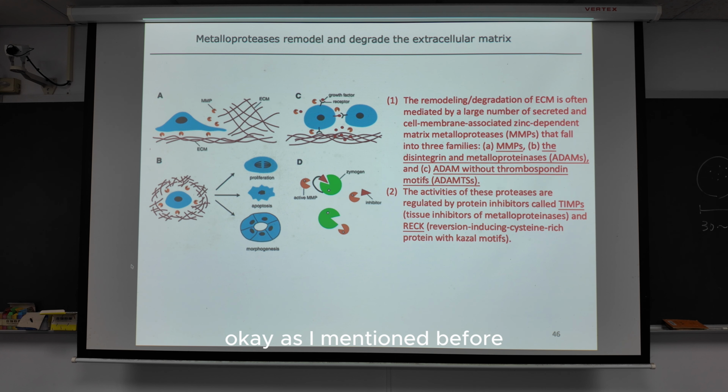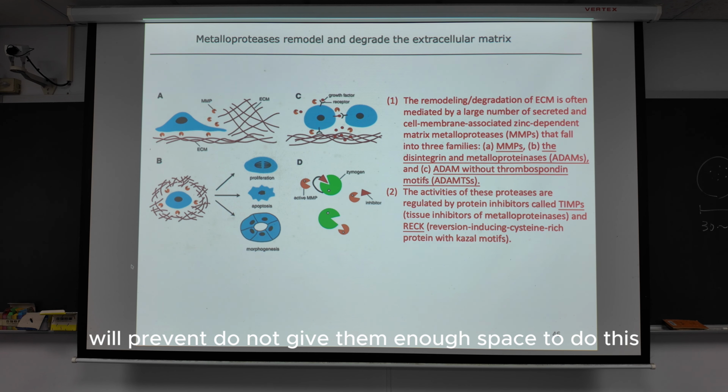As I mentioned before, when cells need more space, for example, when they need to proliferate, undergo apoptosis, or do morphogenesis, too much extracellular matrix does not give them enough space.